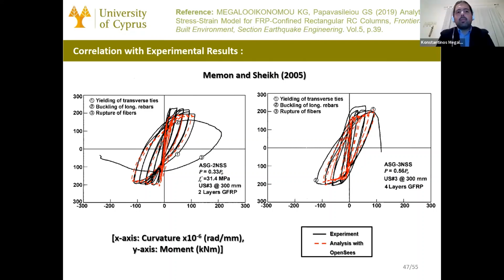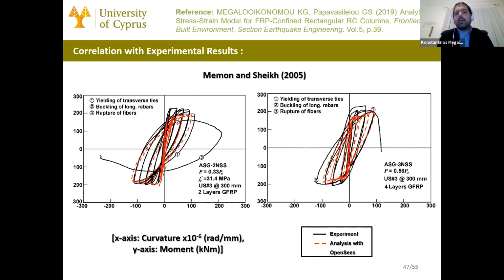The reason for that is that in my modeling, the response is symmetric. As you can see in the experiment, it's not exactly symmetric. Probably this was due to the experimental setup.